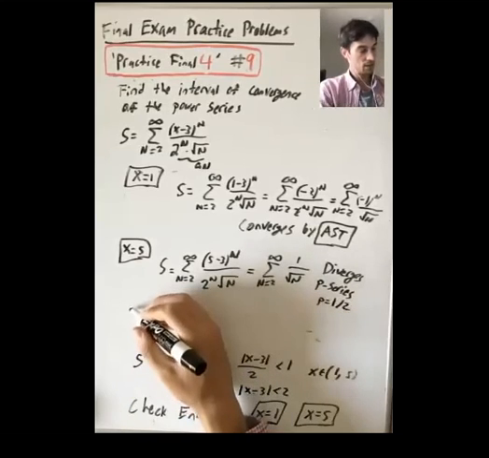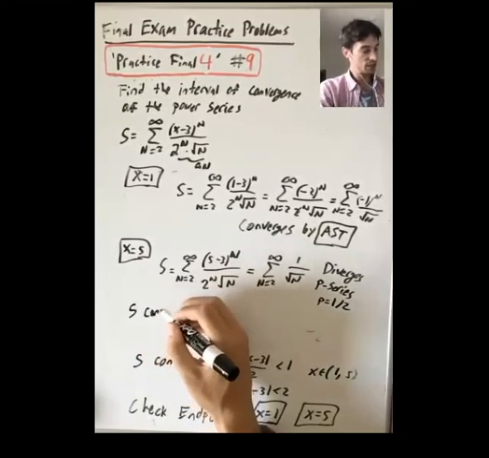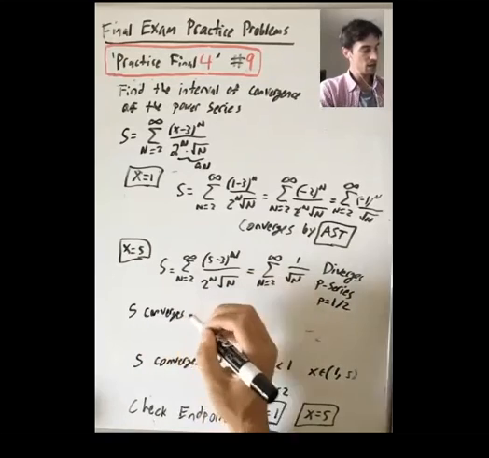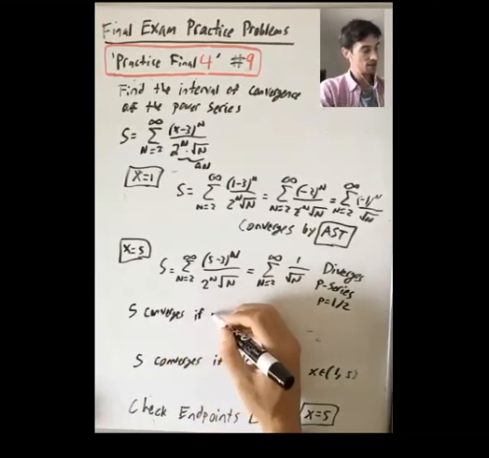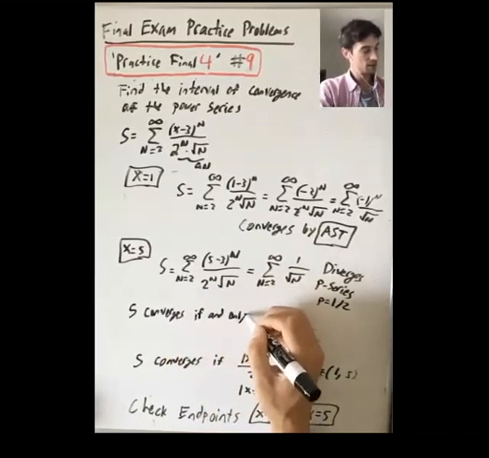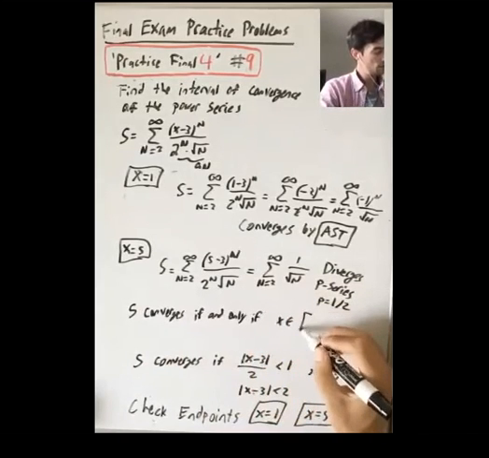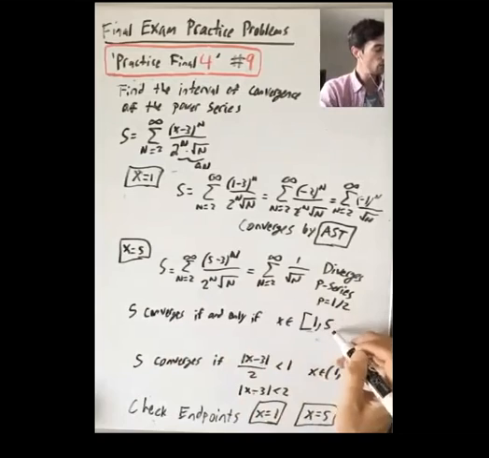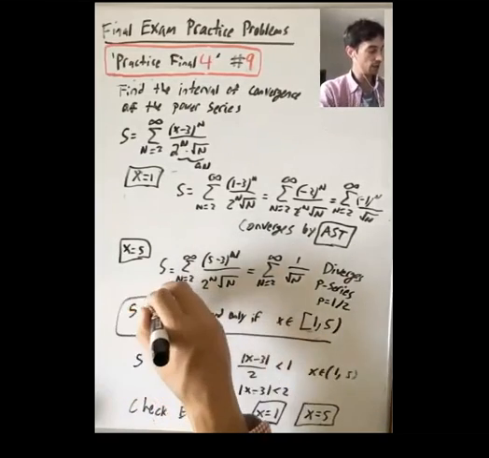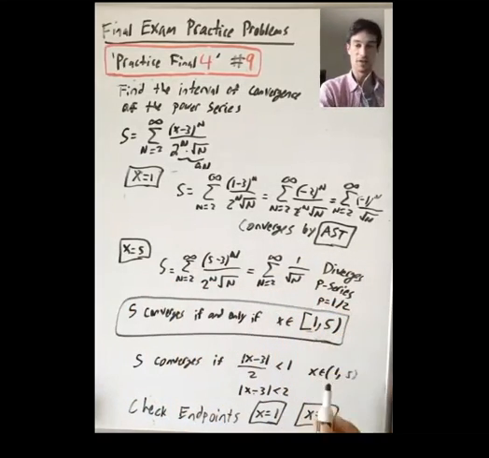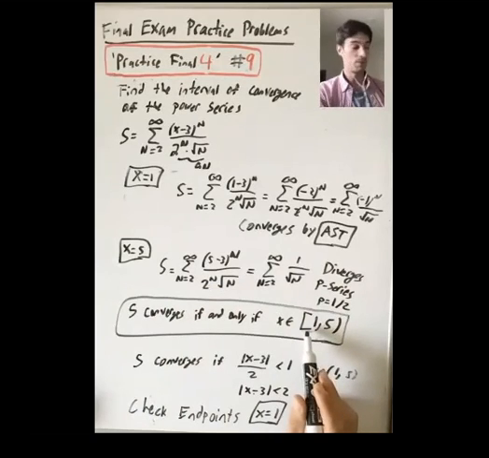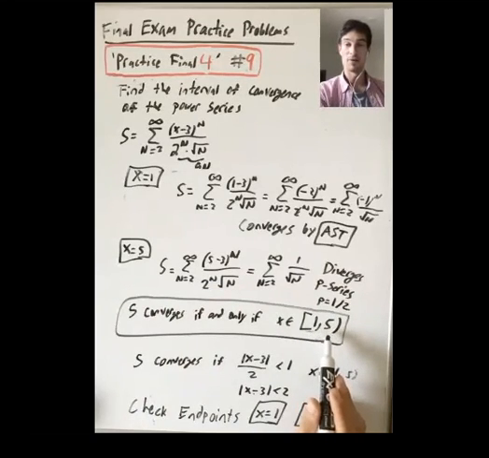So what we've seen is that S converges if and only if x is in the interval of convergence from 1 to 5, including 1, but not including 5. So the interval of convergence includes the bottom endpoint, but not the top endpoint.